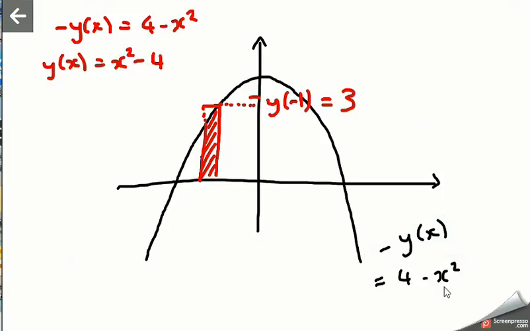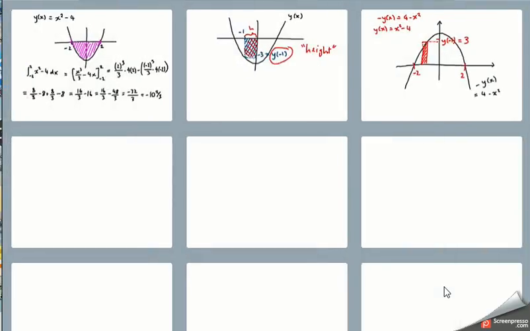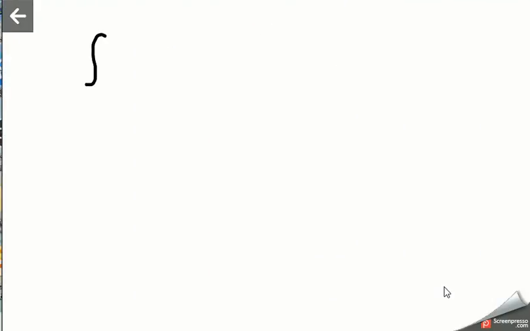Everything we would do from x equals -2 to x equals +2 of the graph of negative y of x is actually going to give us the positive area. So to find the positive area, the calculation we would have needed to do was the definite integral from -2 to +2 of negative y of x dx. But integration is linear, which means we can pull that negative out to the front.